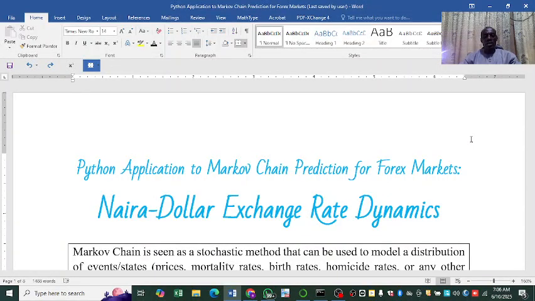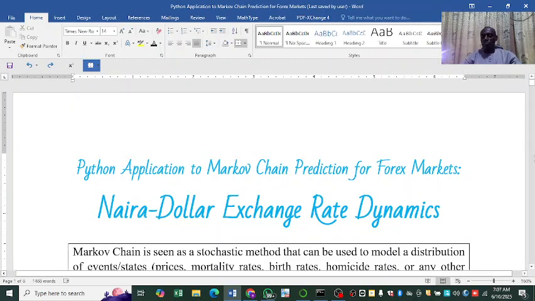In this practical section, we build a matrix and interpret it. Then we do the short-run forecast as well as the long-run forecast with their corresponding simulations. Now, let's start from the concept of Markov chain.